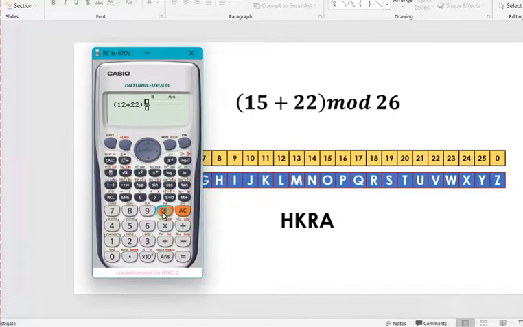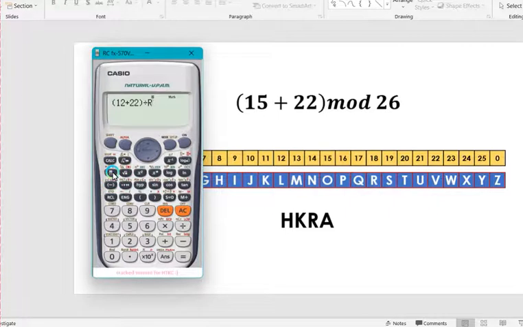Oops, Control Z. Sorry, this is not shift, but we have to use the alpha value. Okay. So we have 12 plus 22. We have alpha, this one.